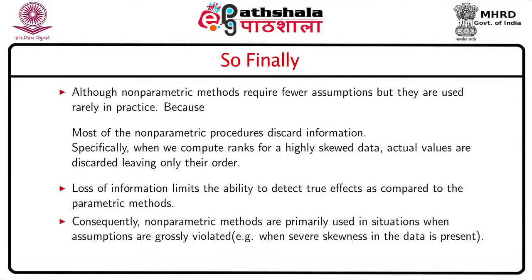Non-parametric methods should be primarily used in situations when assumptions are grossly violated, that is, when severe skewness in the data is present. If we find a sign of severe skewness, we must use non-parametric methods. And if the deviation from normality or symmetry is very nominal, we could use the normal t-test, and in that case the t-test will be efficient.